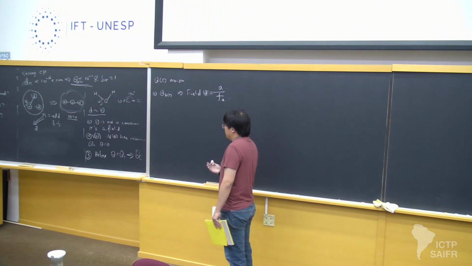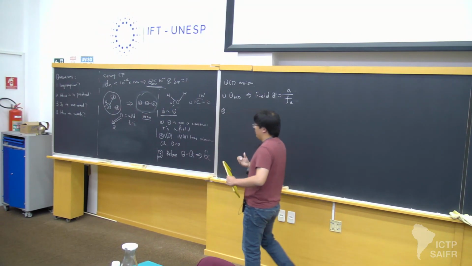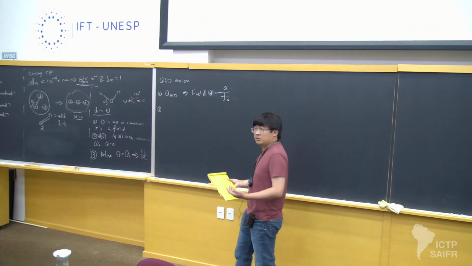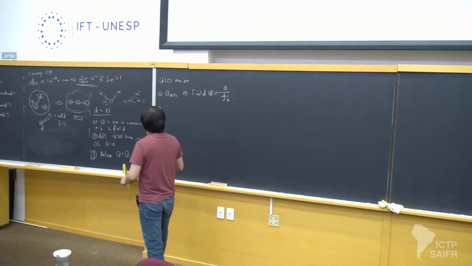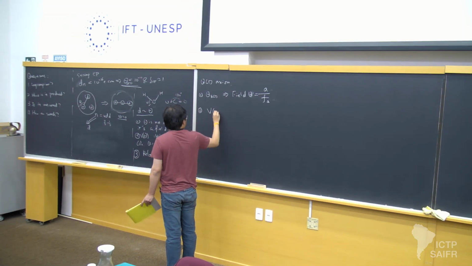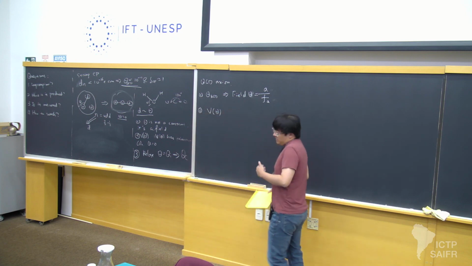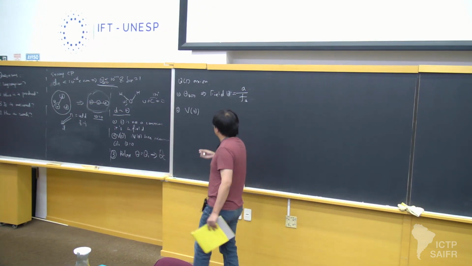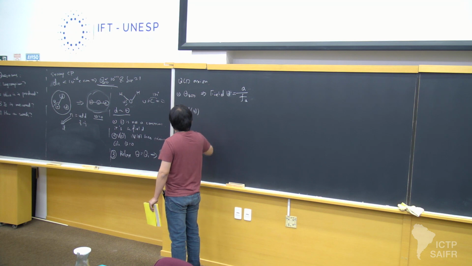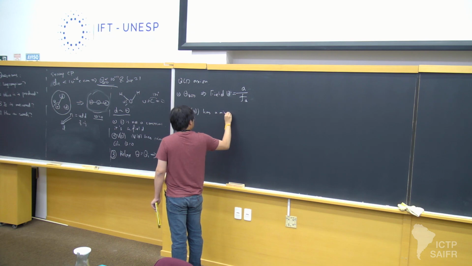And then the second thing I need to understand is, now that I have this field, which value does it want to relax to? What people can compute is basically the energy as a function of theta. This is some complicated computation, but in the end, what people found is that it has a minimum at theta equals 0.